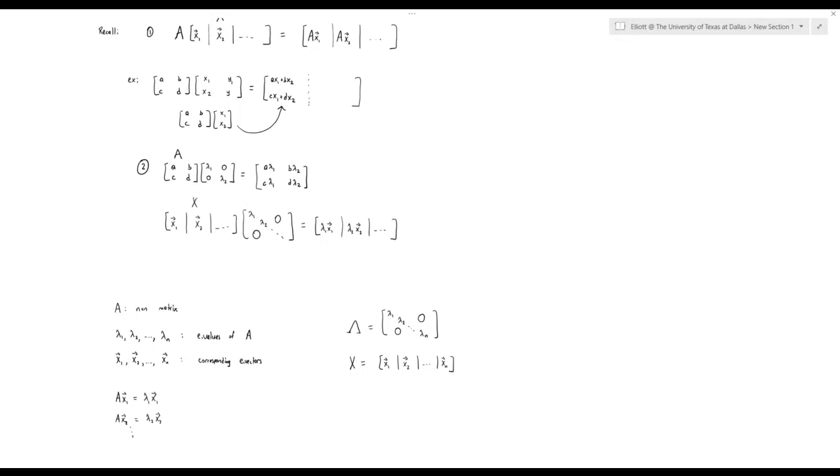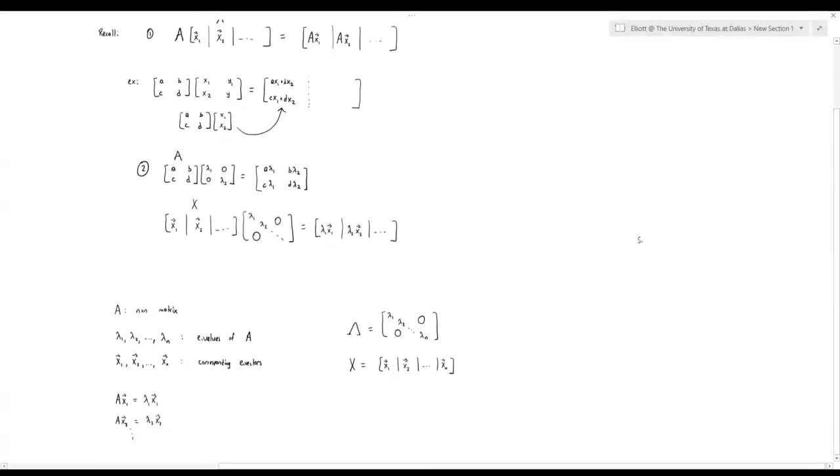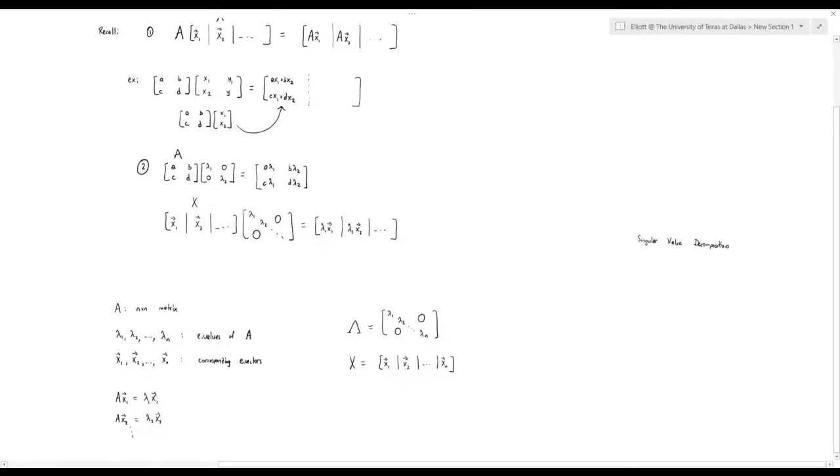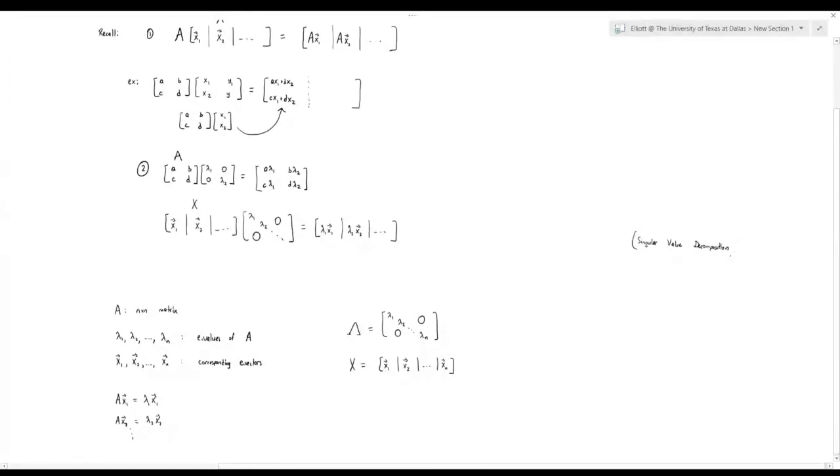No, not particularly. There's one application of eigenvectors and eigenvalues where there's a preference to order the eigenvalues from largest to smallest. That application is something called the singular value decomposition. I don't think you're really going to get to it this semester.